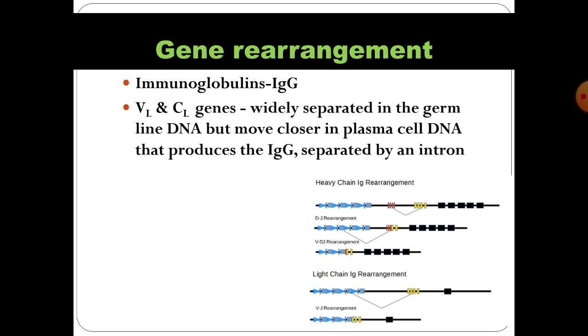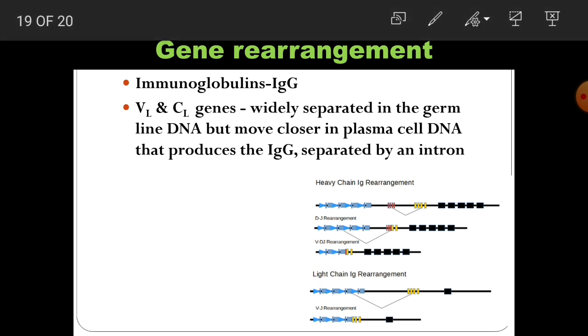Immunoglobulin you have read recently, so it has 2 light chains, 2 heavy chains, and different portions, you remember. So, the VL and CL genes are the variable region of the light chain and the constant region of the light chain. They have their respective genes.